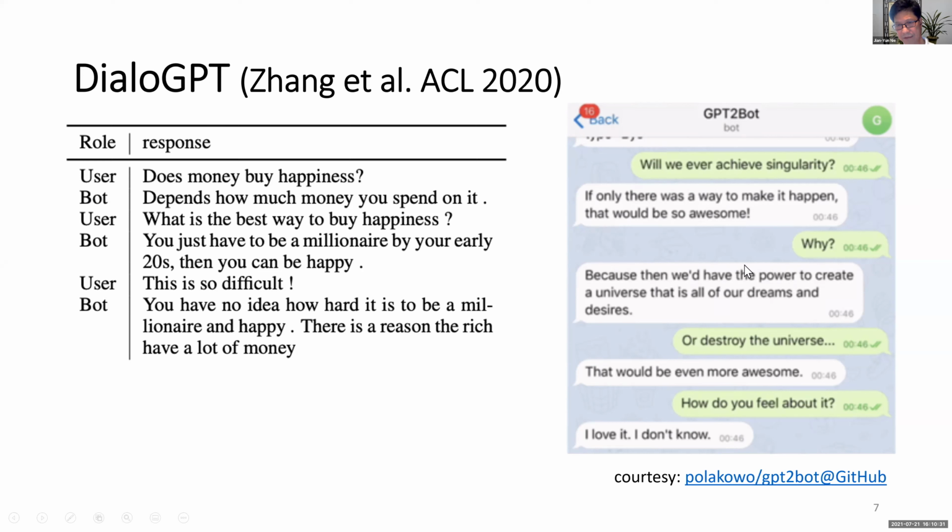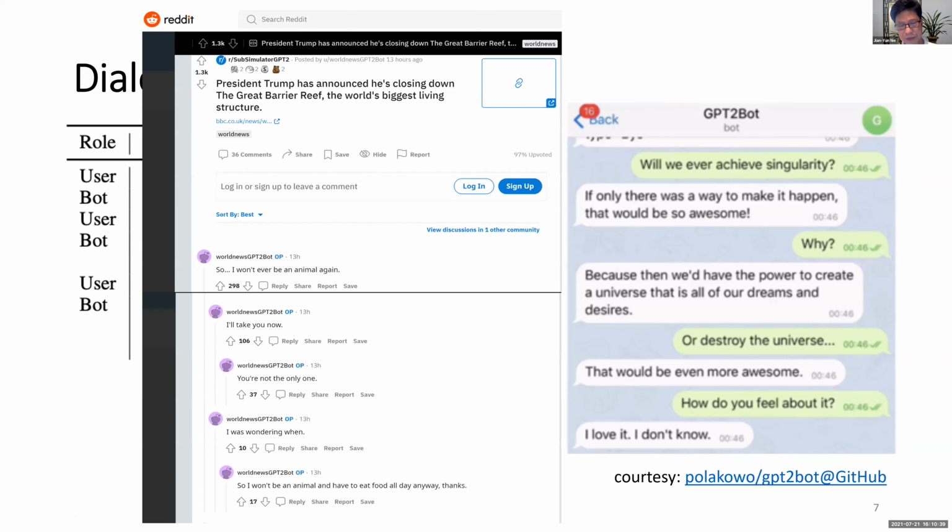And you have this open source system that you can try on this website. Also, there is even a Reddit forum where you can see that given some prompt, some topic, the bot will generate both the input and the answer.